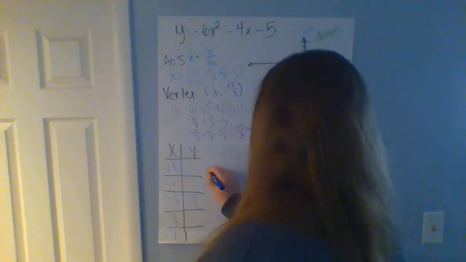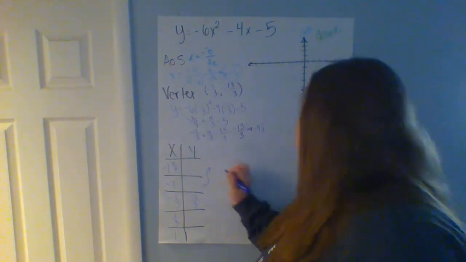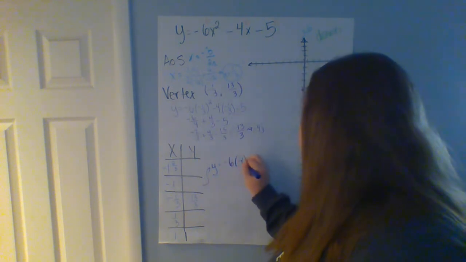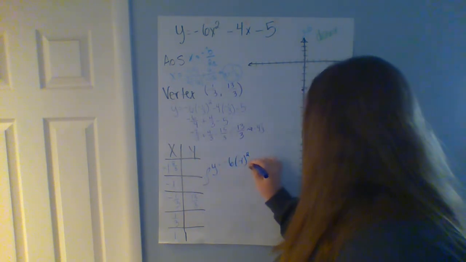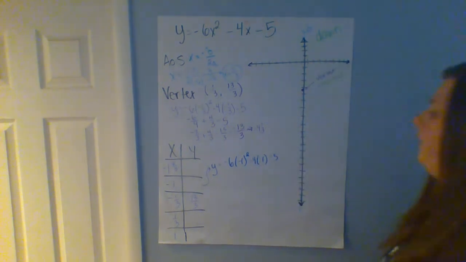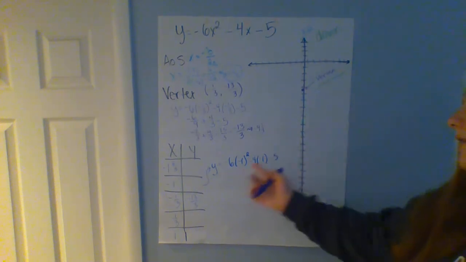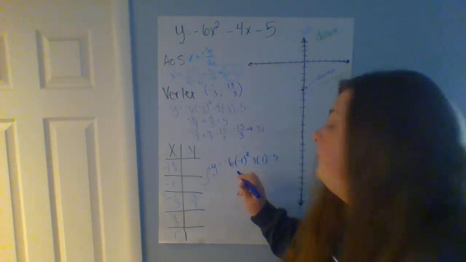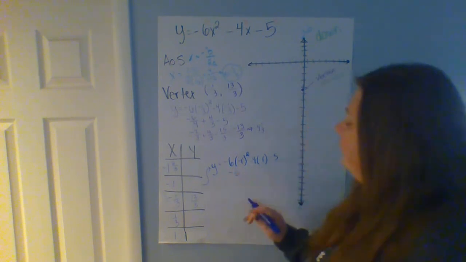So when we plug in negative 1, we have y equals negative 6 times negative 1 squared minus 4 times negative 1 minus 5. Negative 1 squared is positive 1, so negative 6 times positive 1 is negative 6.